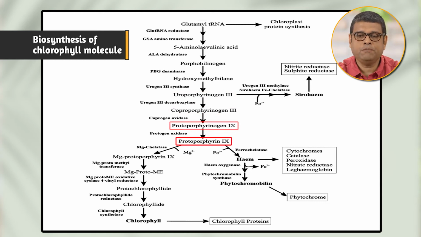At this point, protoporphyrin 9 is produced, which ultimately will take up magnesium and iron to produce magnesium protoporphyrin, which ultimately will produce chlorophyll, and protoporphyrin 9, if it takes up iron, will produce phytochromobilin.